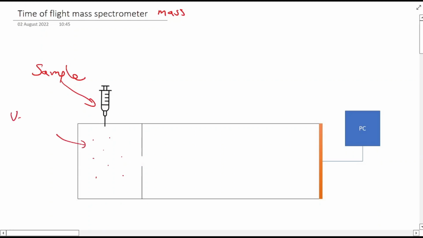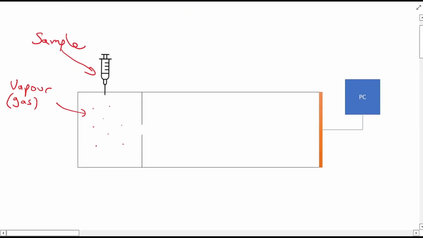So it is a vapor, and that means essentially it's a gas. And this vapor, this gaseous sample, is now going to go through the mass spectrometer, and in that process we'll be able to determine its mass.